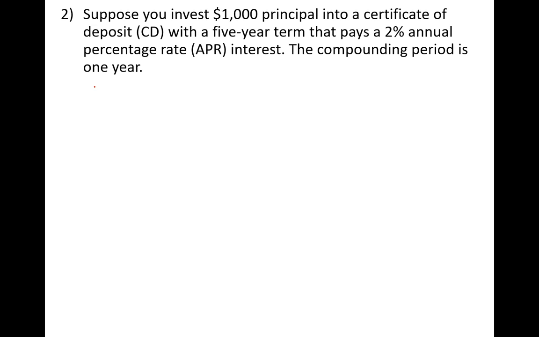Now, if we had simple interest, remember, your total amount would be the principal you invested plus PRT. That's your interest with simple interest. So it would be your $1,000, and this is sometimes written as P(1 + RT).